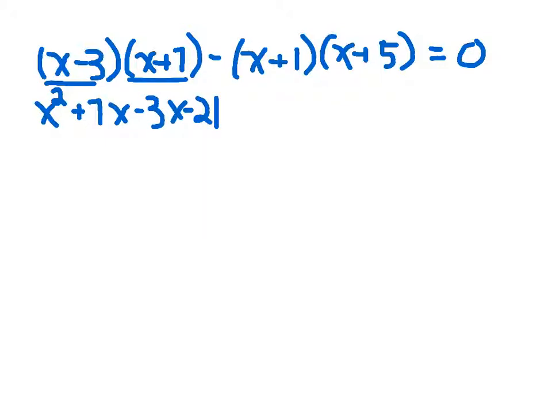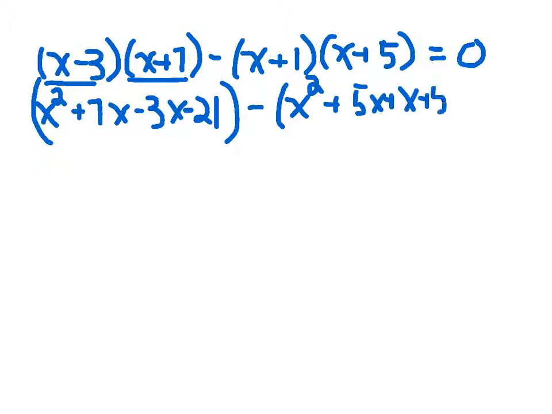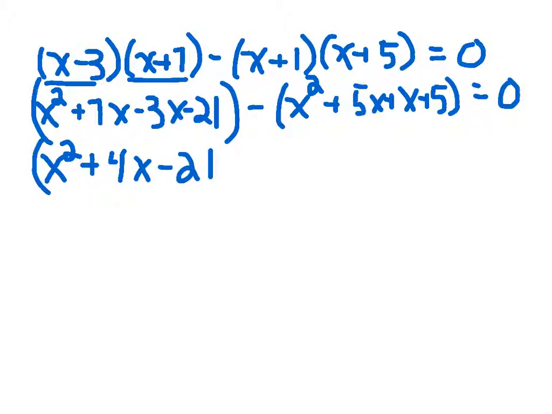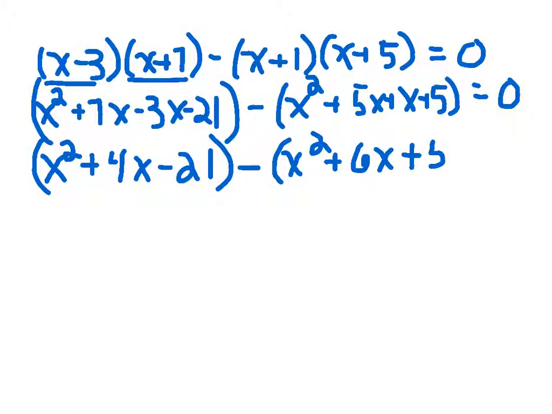Ooh, this is tricky. I'm going to put this in parentheses. Minus x squared plus 5x plus x plus 5 equals 0. Next line, x squared plus 4x minus 21 minus x squared plus 6x plus 5 equals 0.